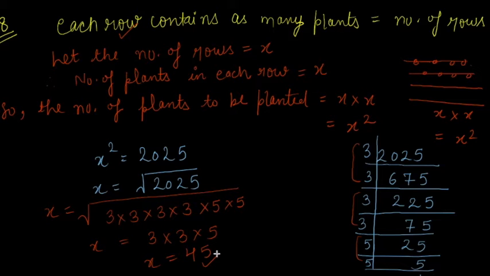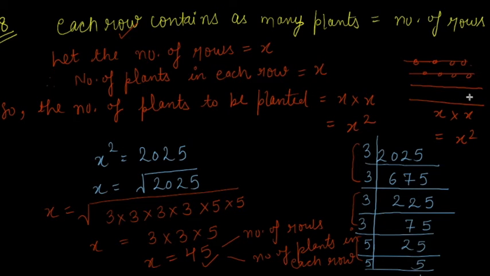In the question they are asking the number of rows and number of plants in each row. So I can conclude this 45 is the number of rows and the number of plants in each row, because both we have assumed as x. So there are 45 rows and 45 plants in each row. If you multiply these two numbers you will get 2025.